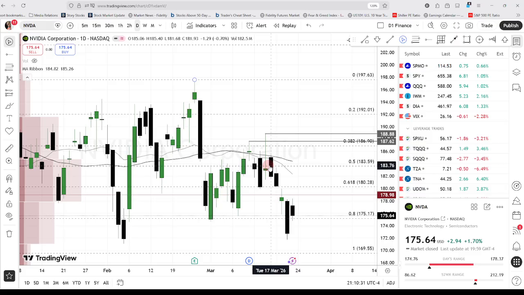185.26 is the 20 period moving average on the next day, and 184.82. So your pivot point for that trigger is right around the moving average. It's right there. So what we want to do is use this as a trigger now.